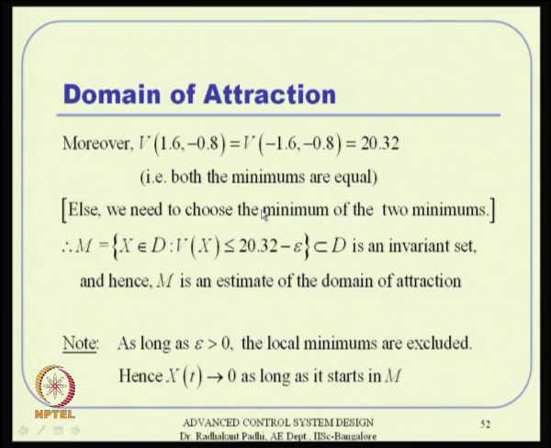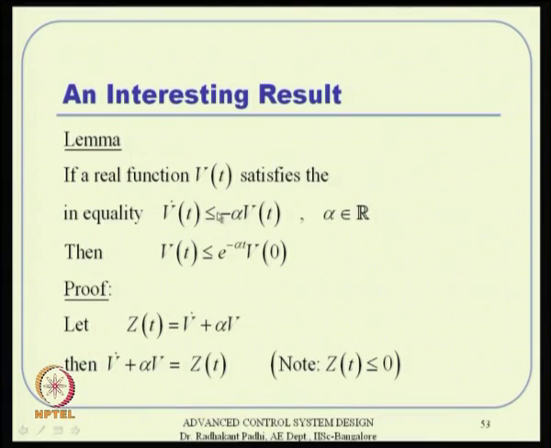Before we stop this lecture, there is another interesting result that is sometimes useful. Let us study it very quickly. It tells you that if V dot satisfies this inequality, then for all time the corresponding inequality is also satisfied. Why is that? Because if I define z of t as V dot plus alpha V, and consider that as a linear differential equation, remember z of t is less than 0 by construction.